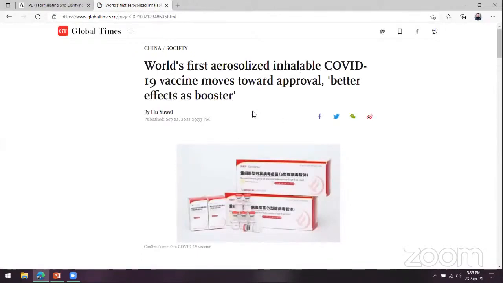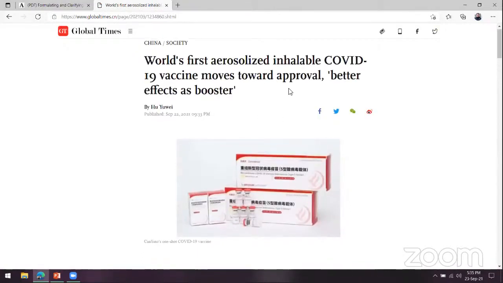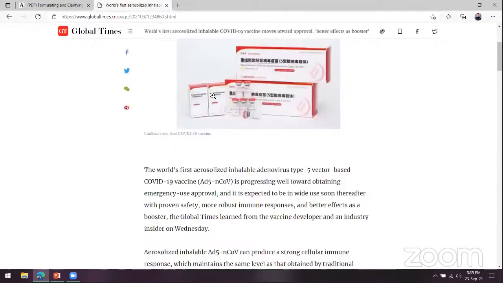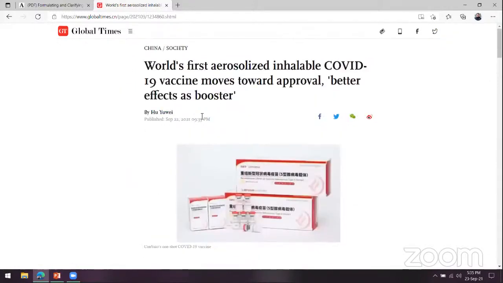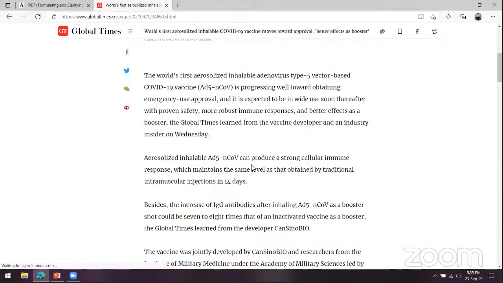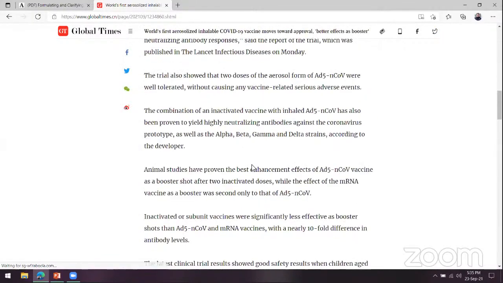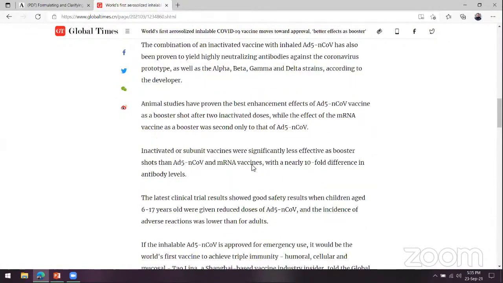You will hisap. Wow. This is the one that has a better effect as a booster, better than the, what do you call it, the injection? Okay, I think this is something interesting right now, and it's so new, on the 22nd of September. And this is going to be a fantastic, innovative idea. Right, I want to study about this.